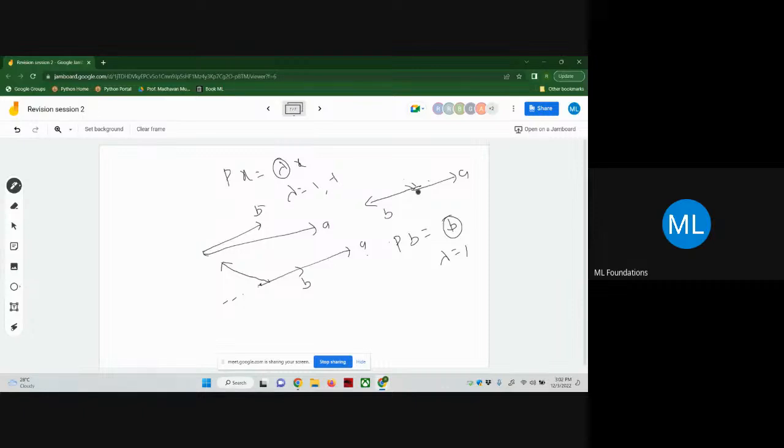Okay, making sense. I have a different question here on the same thing. When PB is equal to B, then P, the projection matrix itself, is unity, right? If PB is equal to B, then P is equal to 1, correct? No. The projection matrix is not equal to 1.